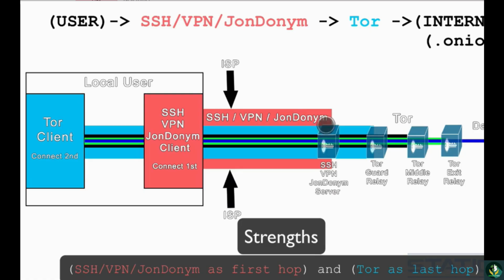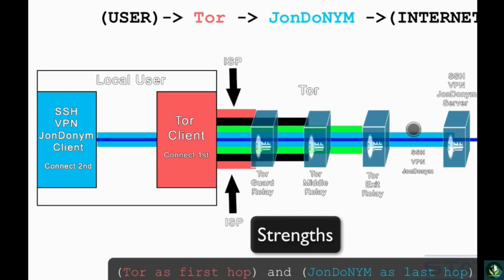There are some other options without a single hop, second hop, or last hop. Between them, there are also some other options using an ISP. In this process, the user goes through TLS by the use of VPN, SSH, and then Tor, and finally internet.onion, with the VPN as first hop and Tor as last hop.